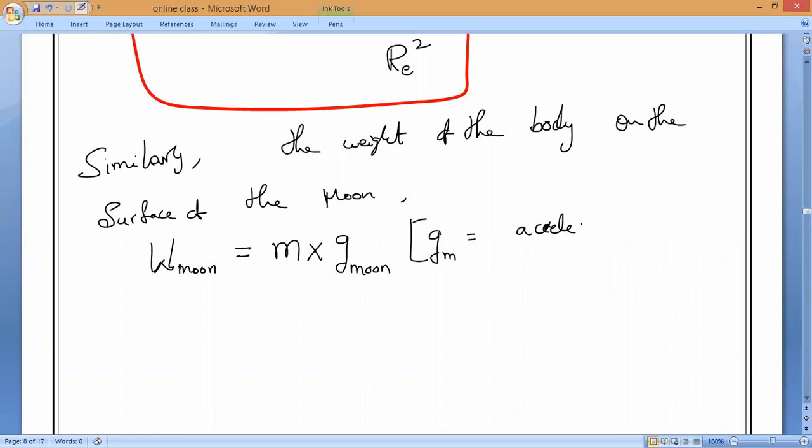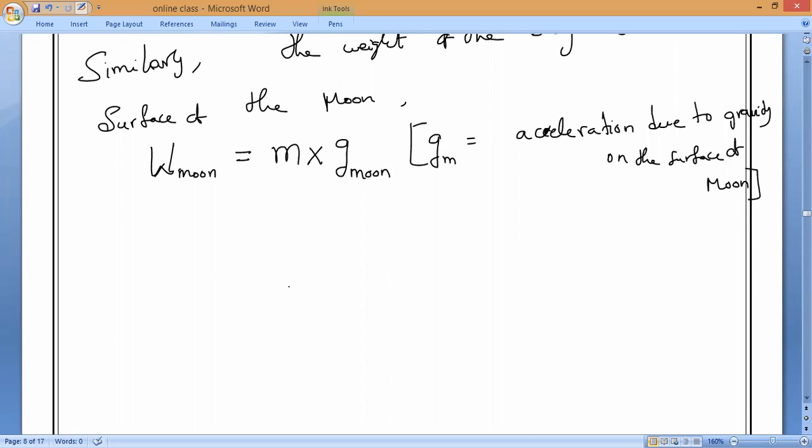Acceleration due to gravity on the moon, on the surface of the moon, that is what it is. Let me take this as equation number 4. Now, what is the formula for acceleration due to gravity on the moon?